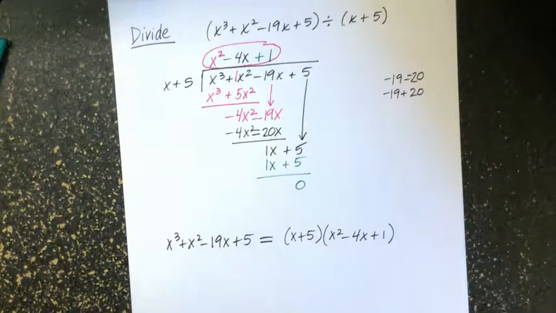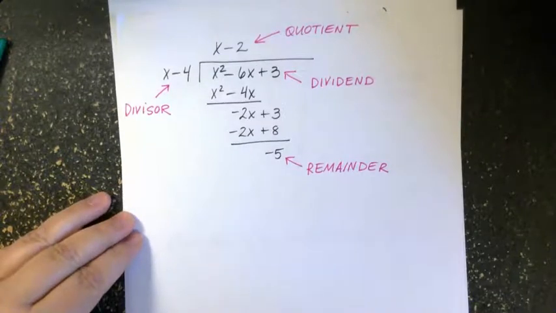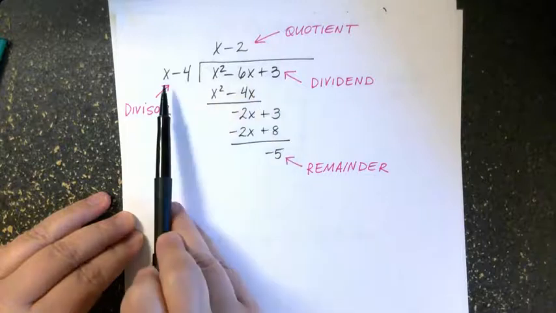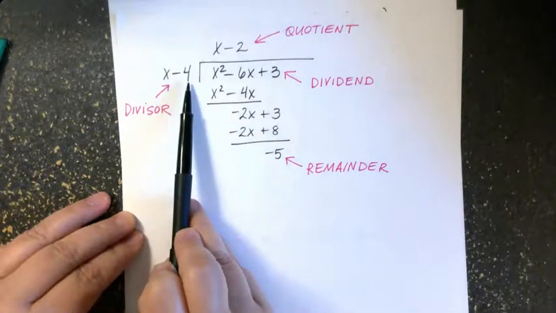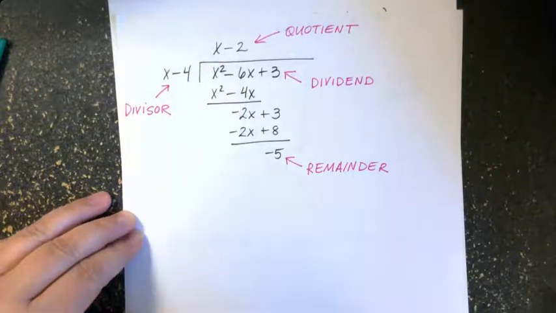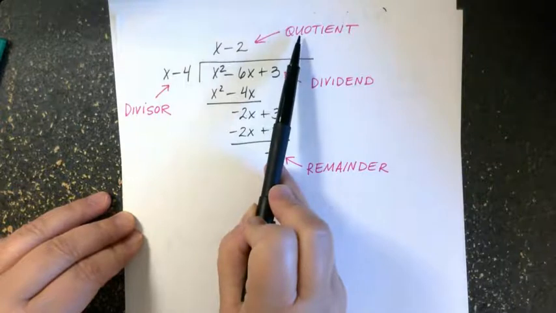I said I would mention those terms. This is an example on a different problem. If I divide x squared minus 6x plus 3 by x minus 4, I get x minus 2 with a remainder of negative 5. So the thing here on top is my quotient.